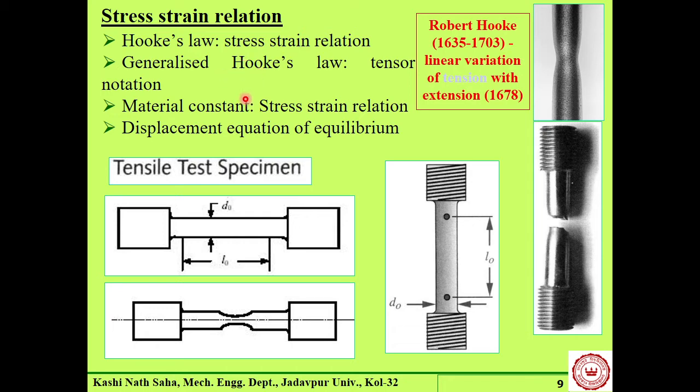So when we have some material constant coming from Hooke's law, from the generalized Hooke's law, this gives us the stress-strain relation. This is what we will obtain after we find out these material constants or material properties. And what next?